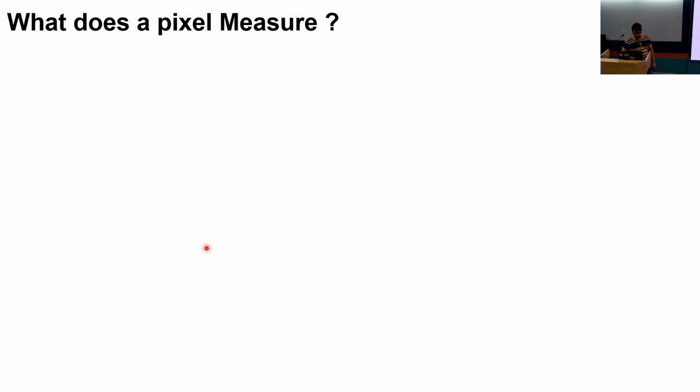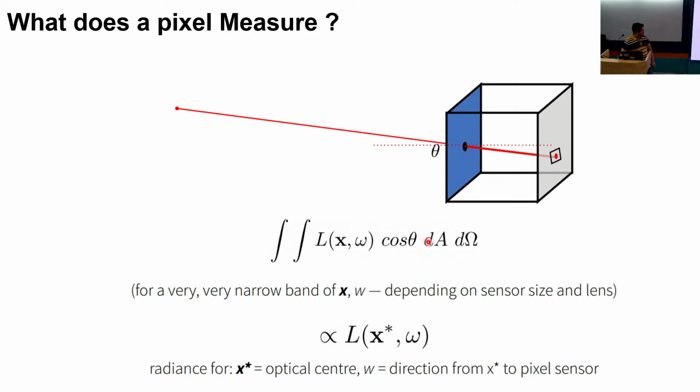Now let us move forward. Ideally, to estimate how much brightness a particular pixel has, we have to integrate over all the directions from which light is falling. To make life easier, scientists in this field made a very simple assumption: whatever light is falling on the optical center is whatever is falling on the sensor.